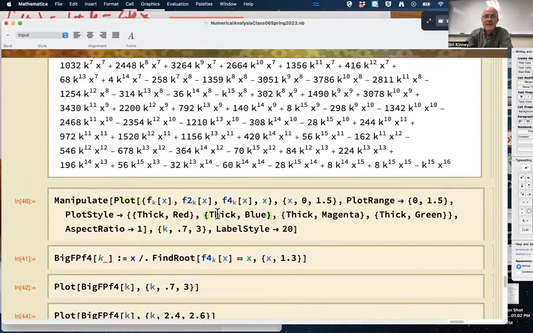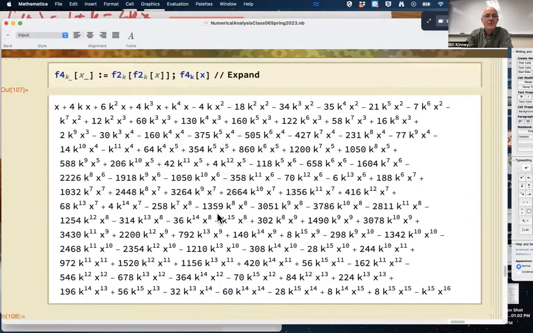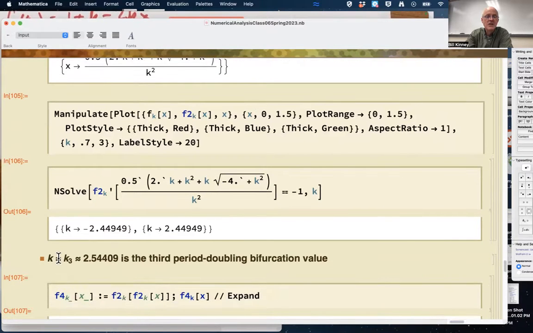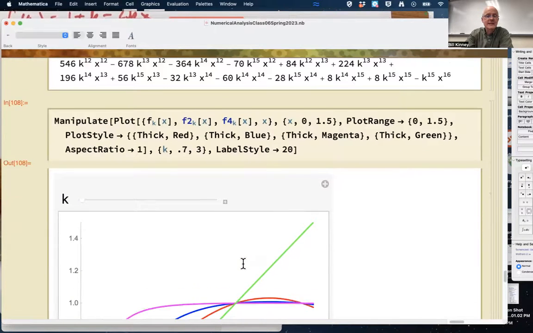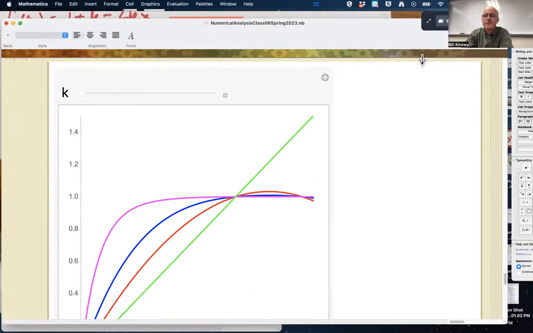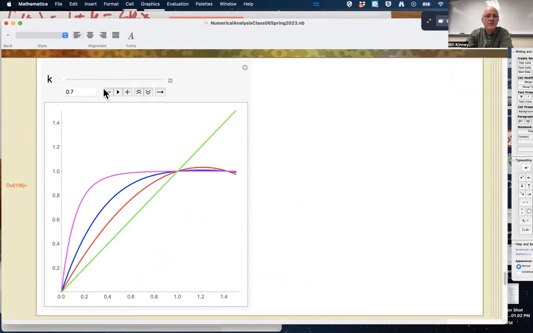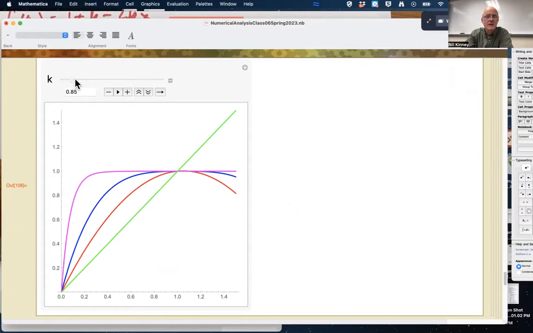What happens if we graph it? Now remember, this new bifurcation, this new change that occurs in the number of fixed points, doubling of the number of fixed points, bifurcation, the number doubles. About 2.544, let's see if that seems to happen here now. 2.544, keep that in mind. So we have the first one.